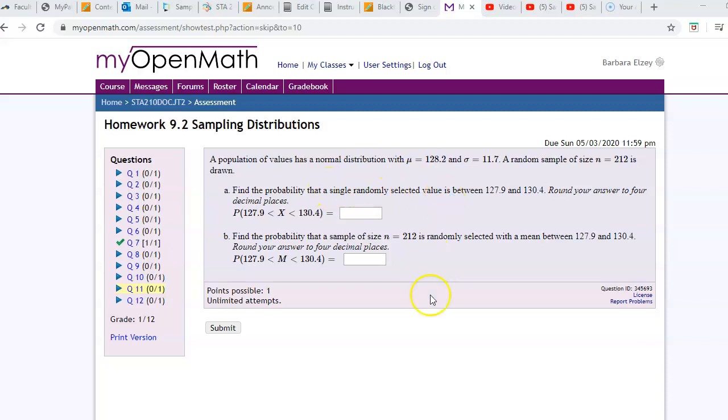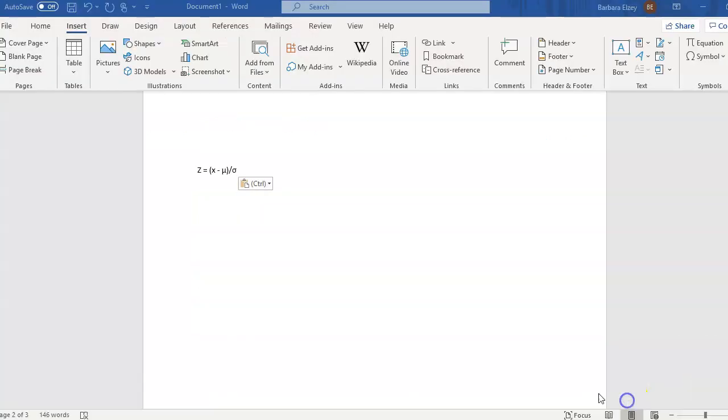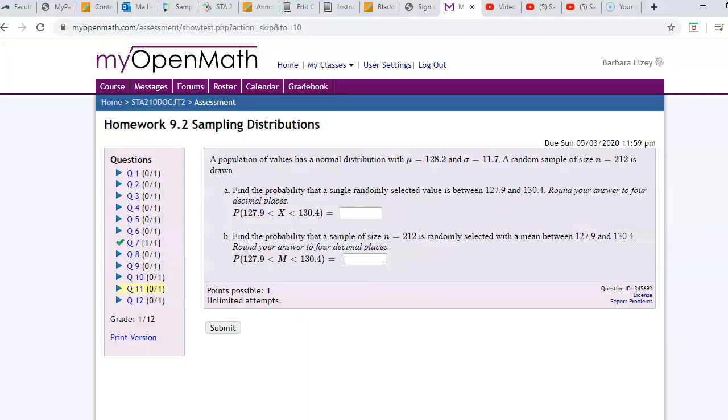And a single value is always going to be using the z-score that we got in our last section. Now, since we're looking for a probability that is between two values, we are going to do two z-scores, one for each of the x values, for 127.9 and then one for 130.4.